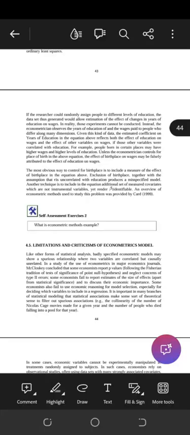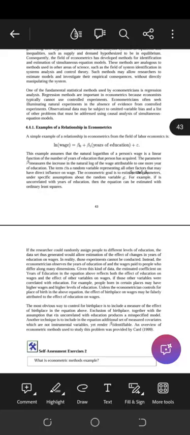Well, you have classical linear regression, then it is divided into two. There is simple linear regression, and there is multiple linear regression. The simple one has one independent variable, multiple has more than one independent variable.